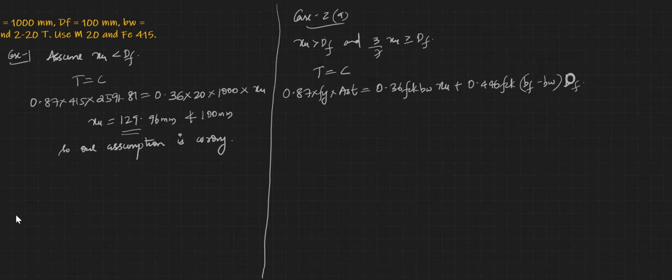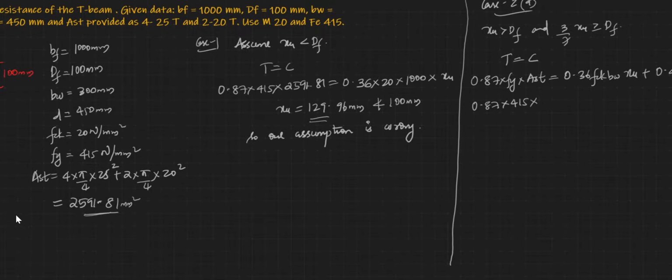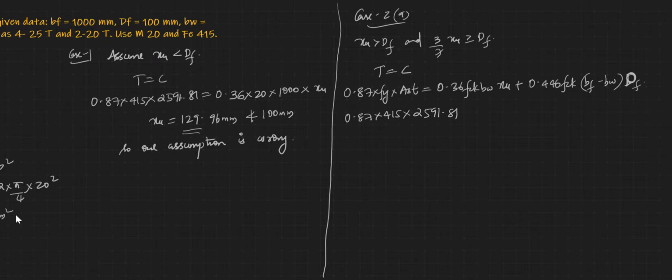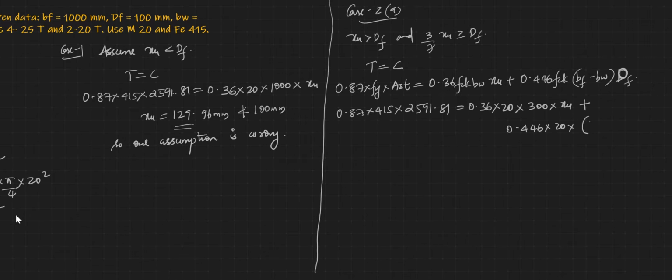If I substitute this, AST is the same 2591.81. The only unknown value here is XU. So you can get the value for XU by substituting all these values. You will get XU as 144.01 mm, which means if I take 3/7 XU, I'll get 61.74 mm.